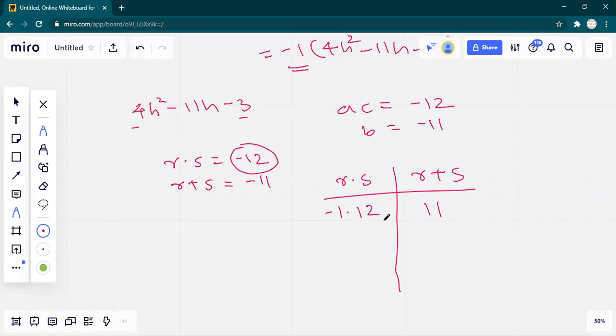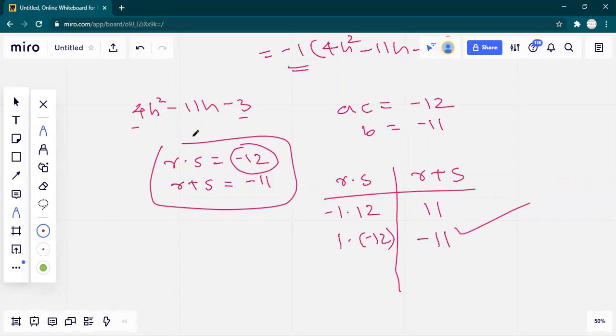To switch the other way, 1 times -12, that's equal to -12, and the sum is -11. We are successful in finding a solution to this equation. So our value of r is 1, s is equal to -12, and r plus s is -11, r times s is -12.